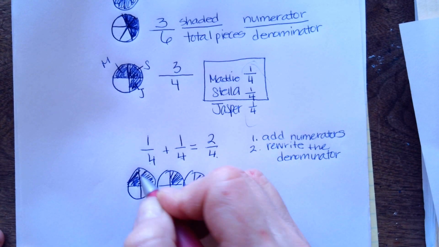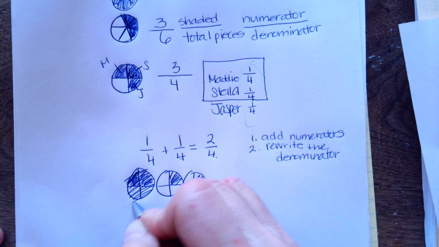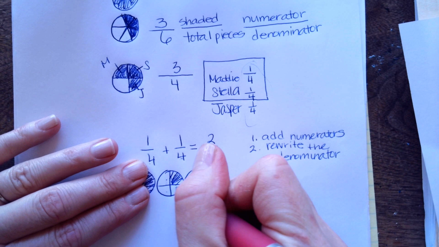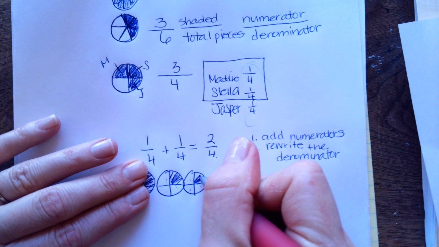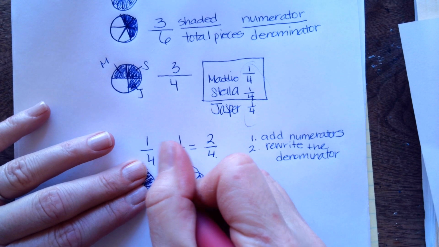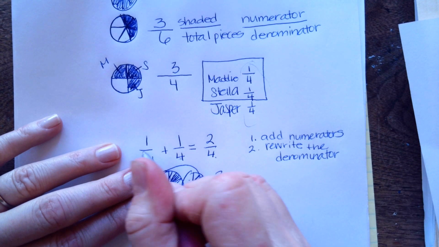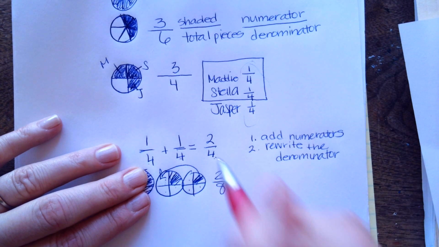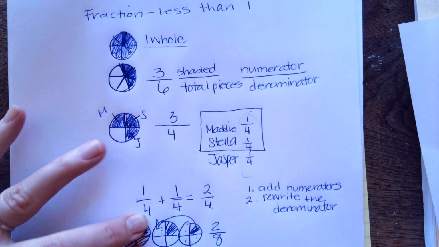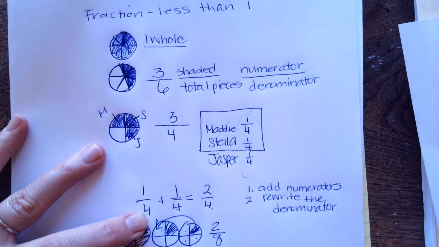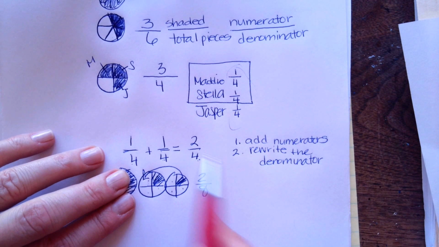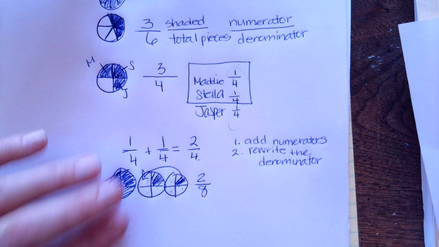It would be 2 pieces, but it would be out of 1, 2, 3, 4, 5, 6, 7, 8. But this piece can fit in here. So then we don't add these two together. We just write it because the total number of pieces in this pie or cake was 4. So step 1, add the numerators. Step 2, you just rewrite the denominator.